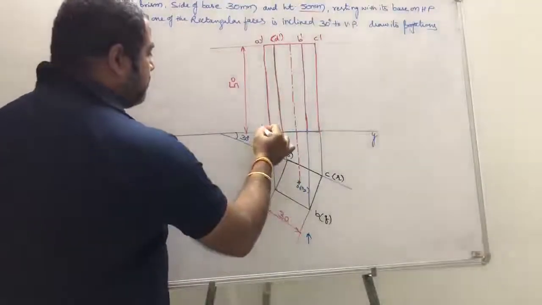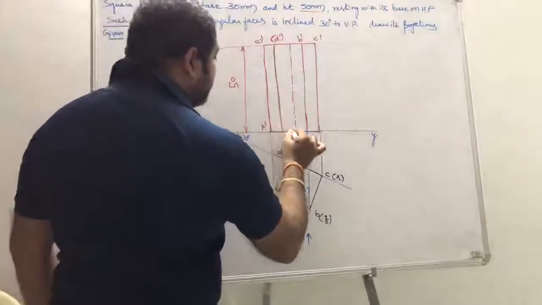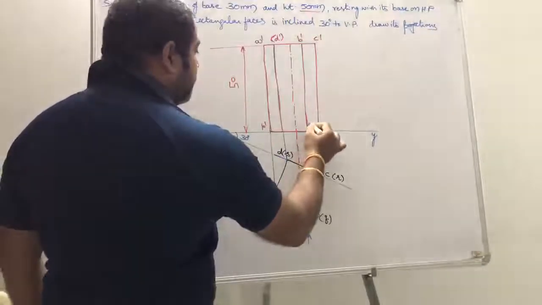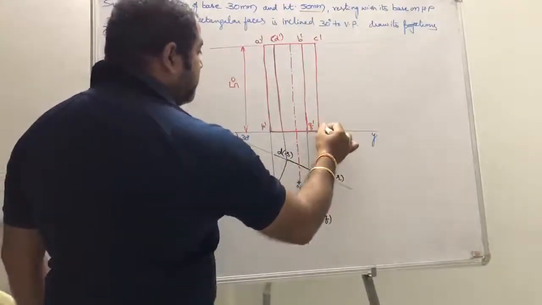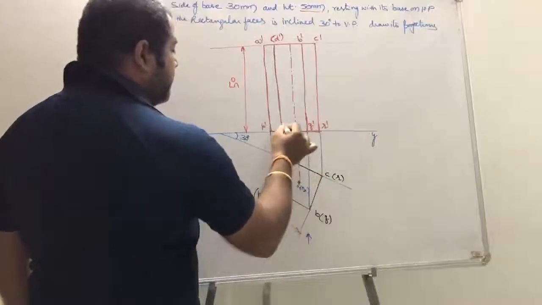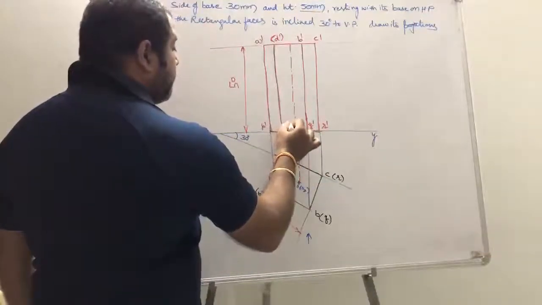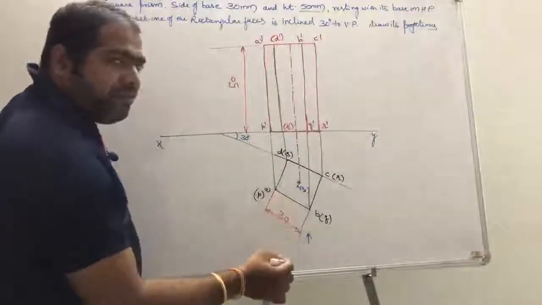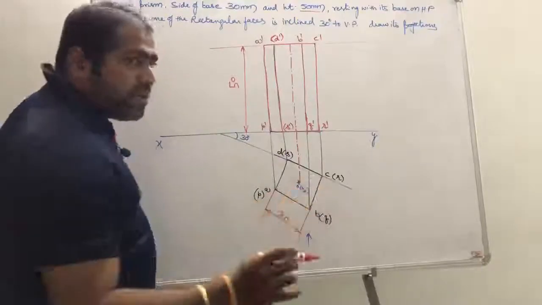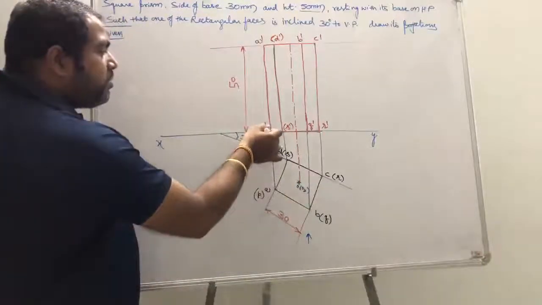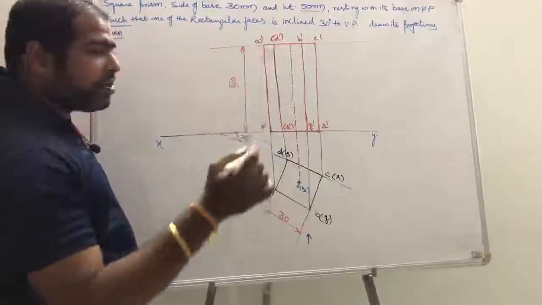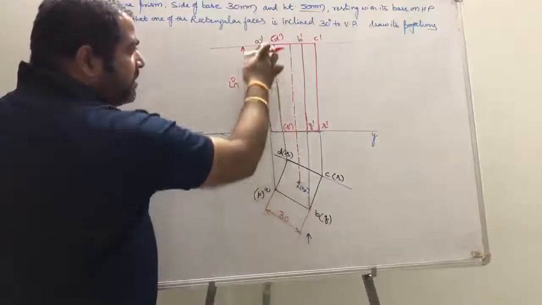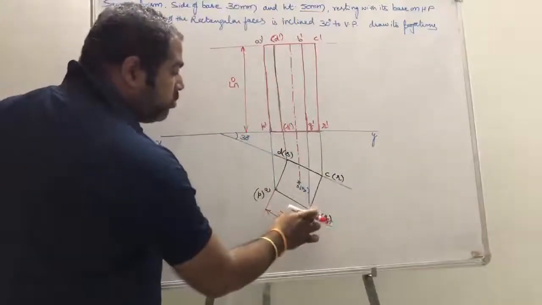Similarly, here it is also (d dash), and here P dash, Q dash, R dash, and S is in brackets as (s dash). While seeing from the front, the visible corners are seen. The lines joining the top and base corners, A and P and B and Q, are visible solid lines.